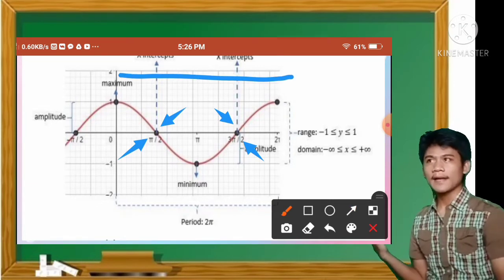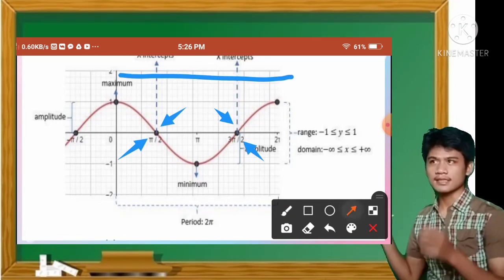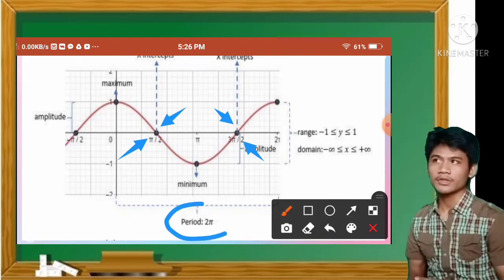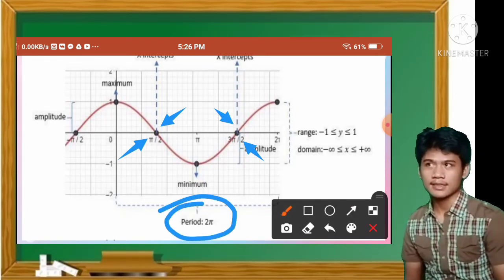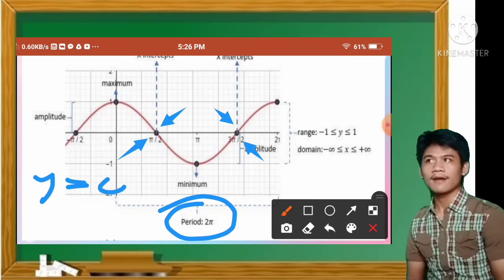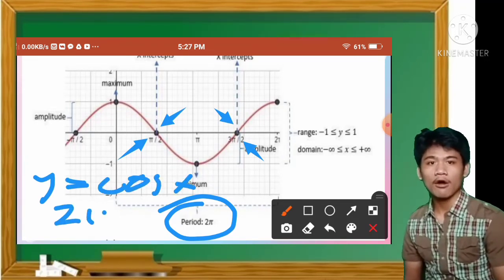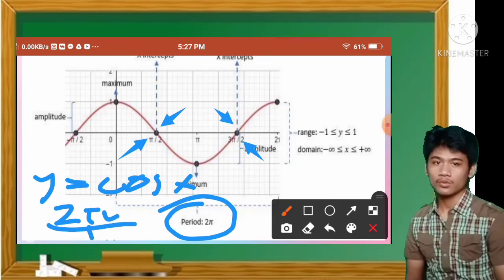Next is the period of our given function, which is y is equal to cos x. Since the value of our b is 1, it is 2 pi over 1, so we have 2 pi.